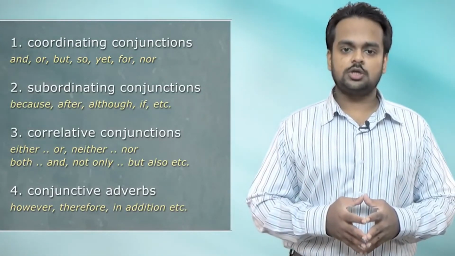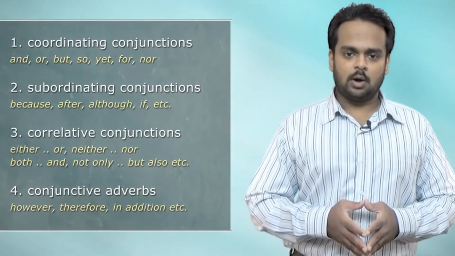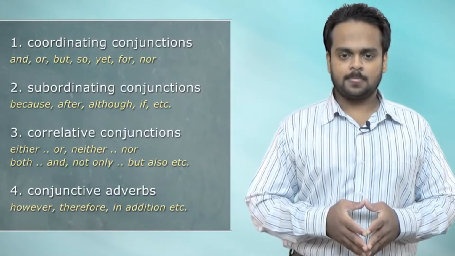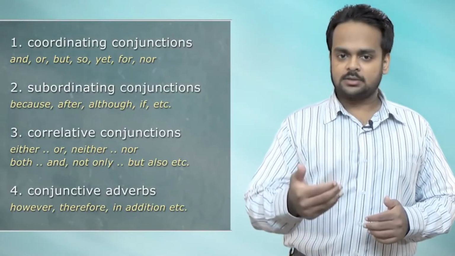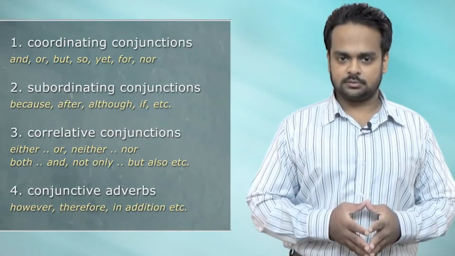And finally, conjunctive adverbs. These are words like as a result, however, in addition, and therefore. They're adverbs, but they act like conjunctions. That is, they help to join parts of a sentence.